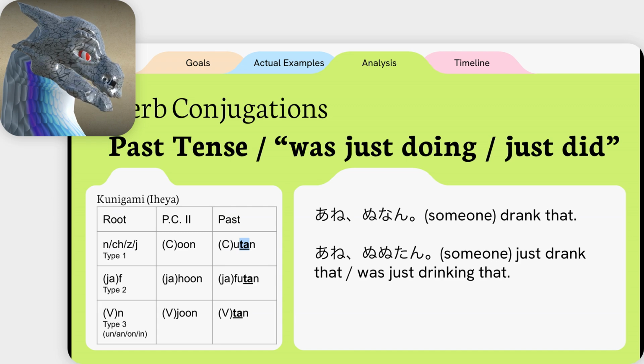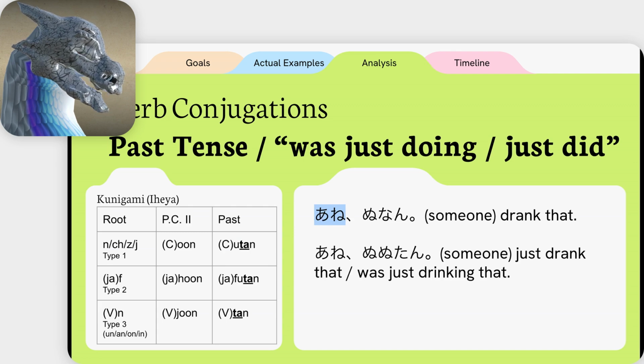So the first one is simply that someone drank that. The someone would be dependent on the context, but we know it drank that. Pretty literally, it's more factual, like onto the point kind of thing.